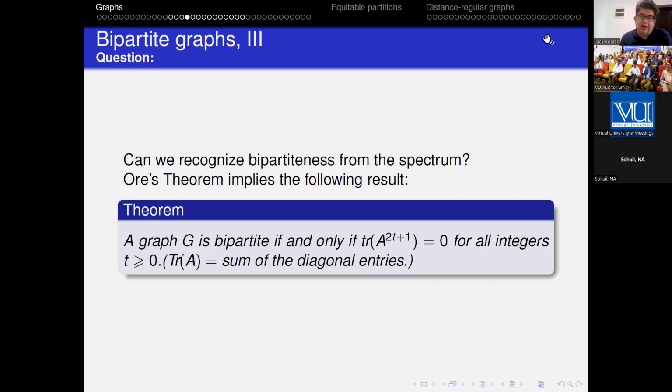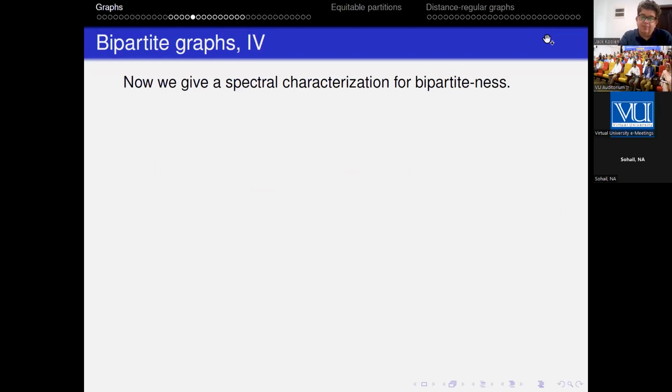The graph is bipartite if and only if the trace of A to the power 2t plus 1 is 0, that is, if all the odd powers of A have trace 0. And the trace of A, as I already know, is the sum of the diagonal entries. So now we give a spectral characterization of bipartiteness.